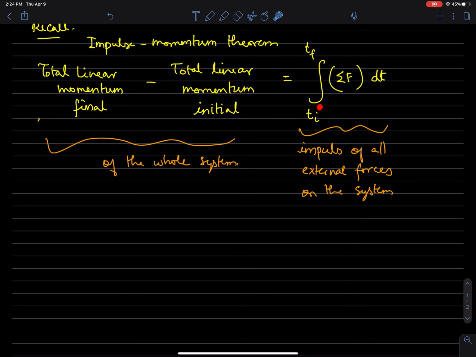The right-hand side can be 0 sometimes when, say, the sum of all external forces is 0, or when the integral is 0 for other reasons. For instance, when t final is basically the same as t initial and the sum of forces is finite, then the right-hand side is 0, right?